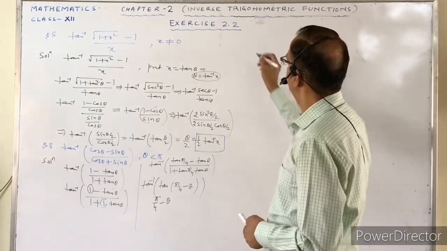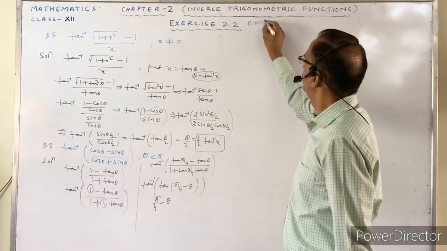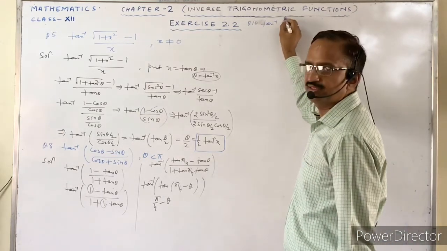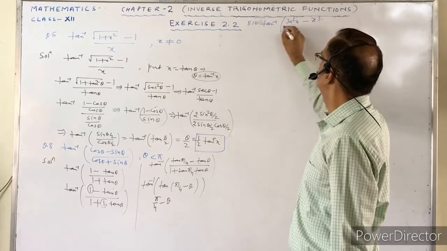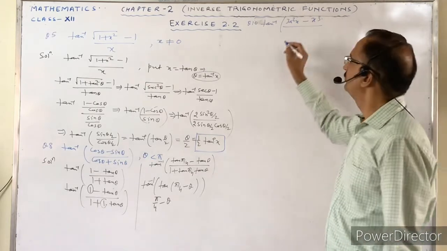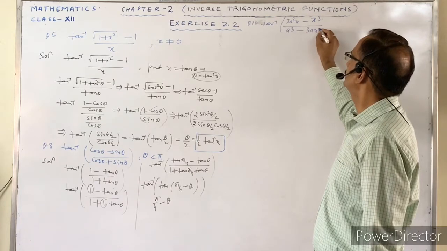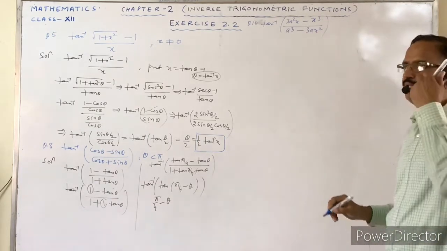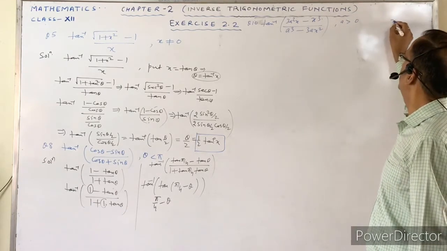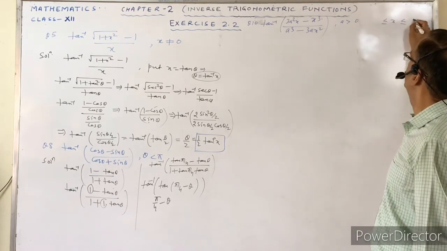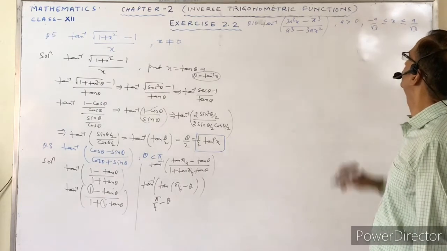Now come to question number 10. In this question we have again tan inverse of 3a square x minus x cube upon a cube minus 3a x square, and the condition is a is greater than 0 and x is less than or greater than or equal to a by root 3 and minus a by root 3.